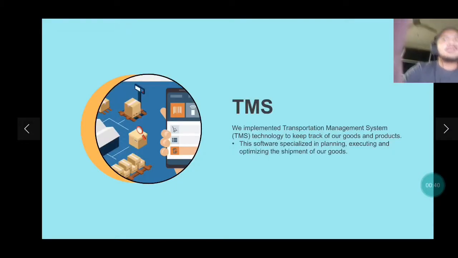The way we handle our material handling is by the use of the Internet of Everything, which we can call the transportation management system. It helps us to keep track of our goods and products and is specialized in planning, executing, and optimizing the shipment of our goods.